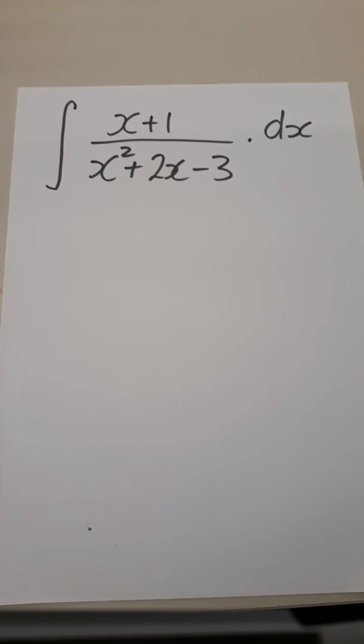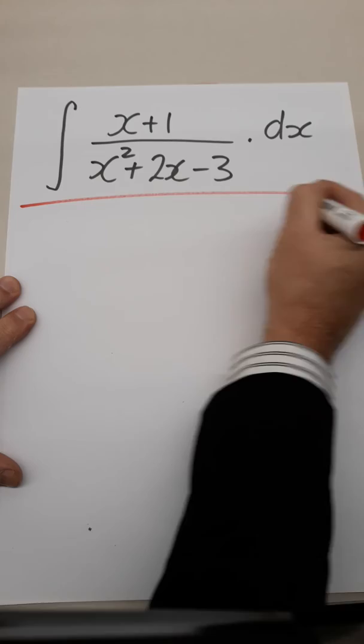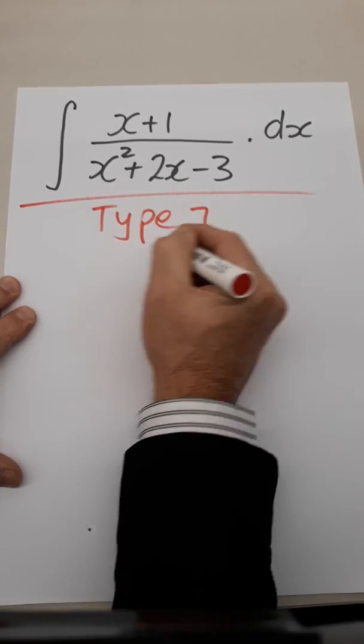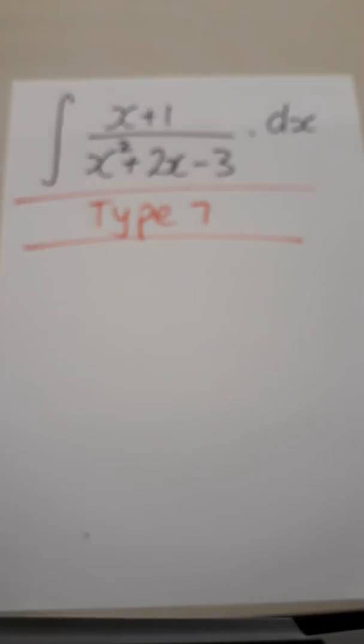The next different type that I'm interested in is one that is of the format that we've got here. I was talking before about denominators that you can't factorise. Well, can you factorise this one? Because if you can, then we've got our last type. I think I'm up to type 7, right? Type 7, you can factorise the denominator.